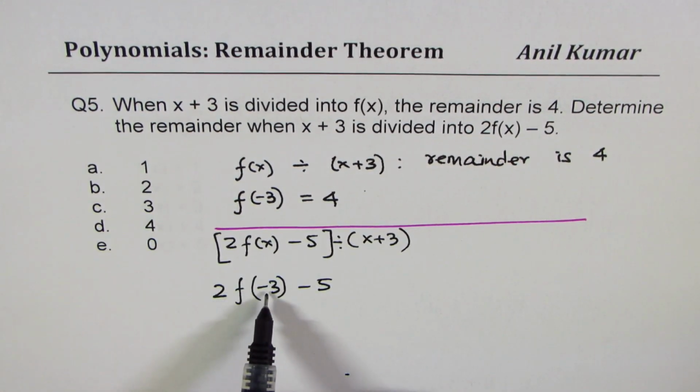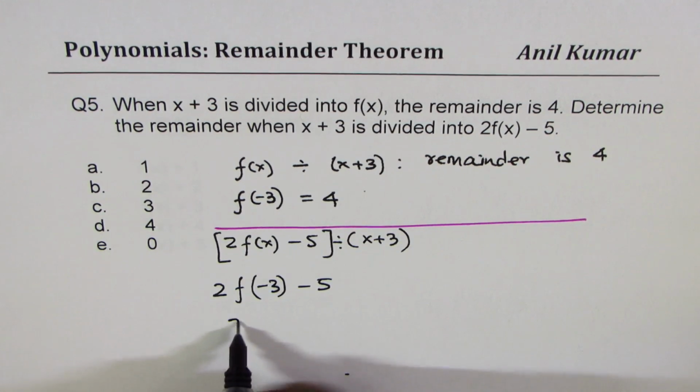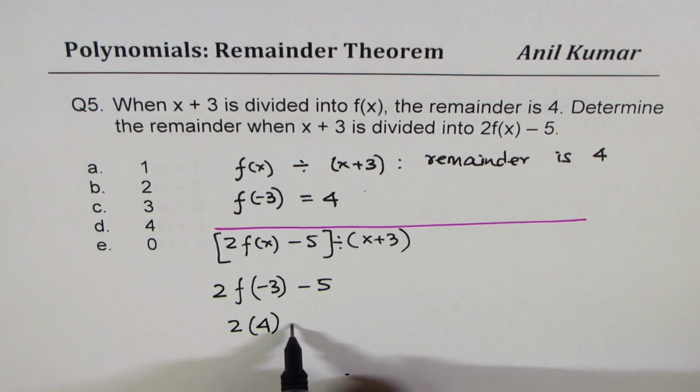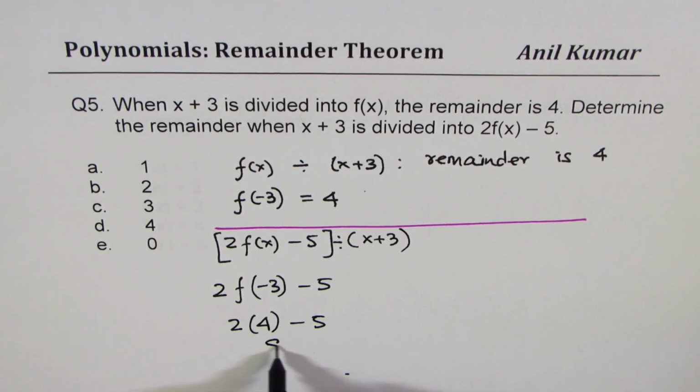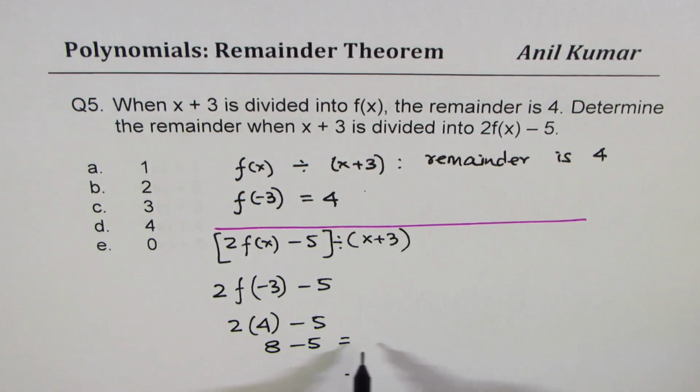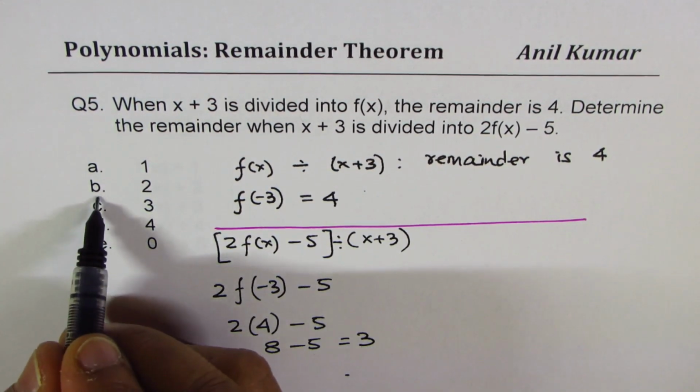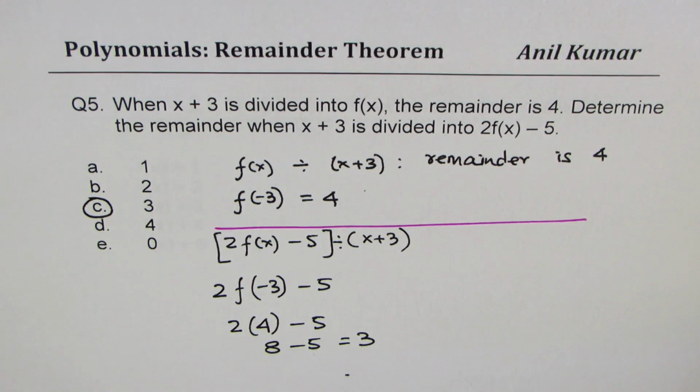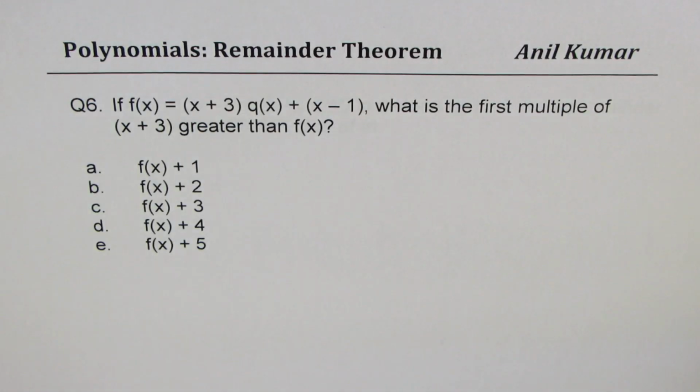Now we know f(−3) is 4. So it has to be 2 times 4 − 5, which is 8 − 5 equals 3. Therefore, the answer is C, 3. Perfect. That's a very good application of the remainder theorem.